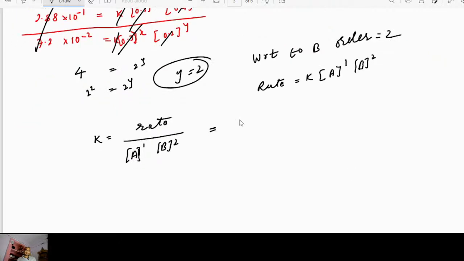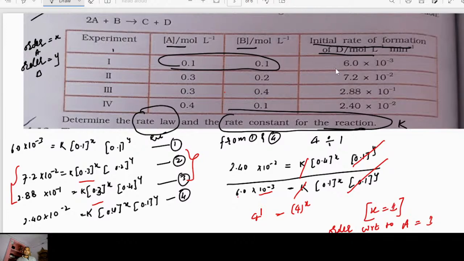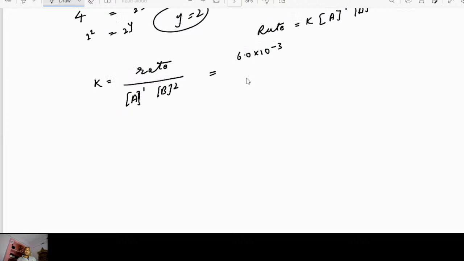The rate is 6.0 into 10 power minus 3, given. You see the first value, 6.0 into 10 power minus 3. In the denominator, what are the values? 0.1 power 1 and 0.1 power 2. Solve it.